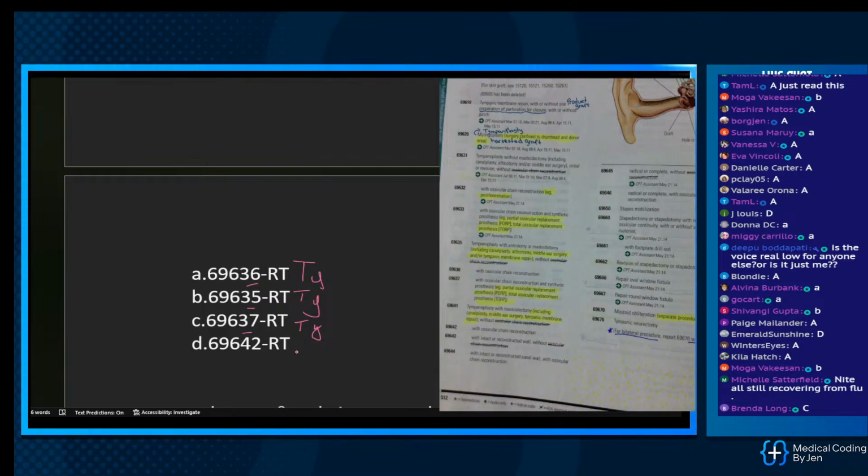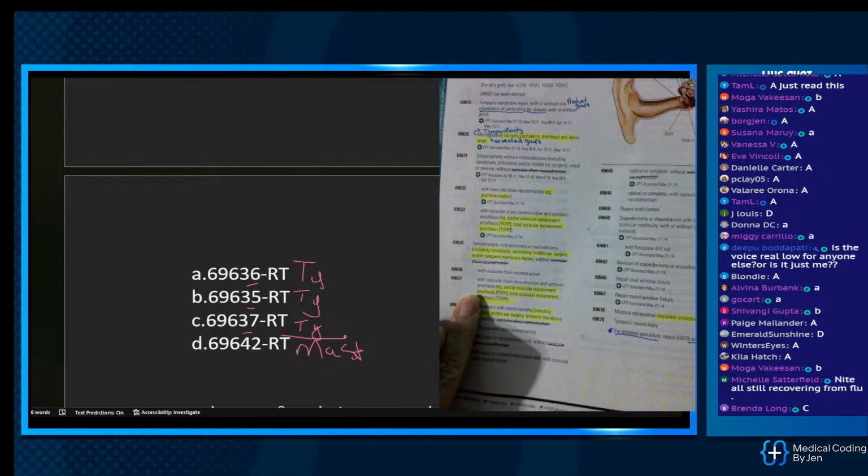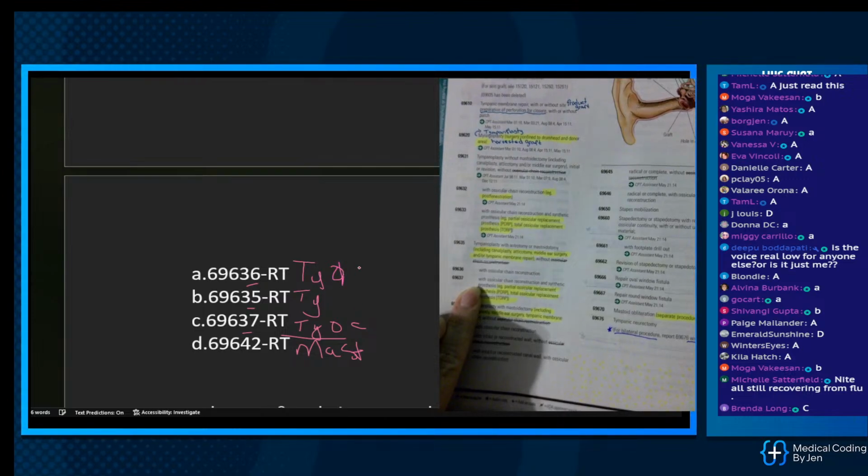It's only got the mastoid in it. This one's doing mast. These three are not doing mast. They are doing, let's see, the 37 is ossicular chain. 35 is no ossicular chain. No chain. And this one is doing chain.